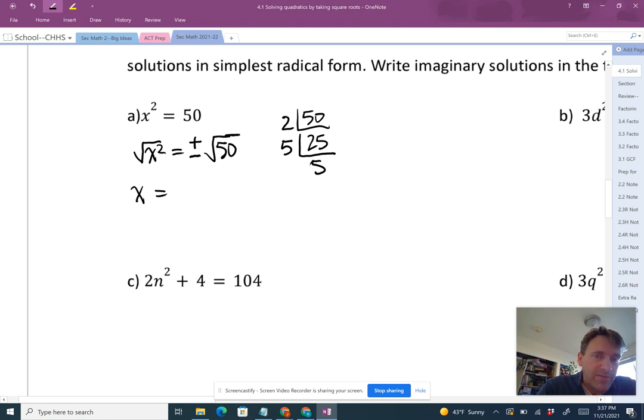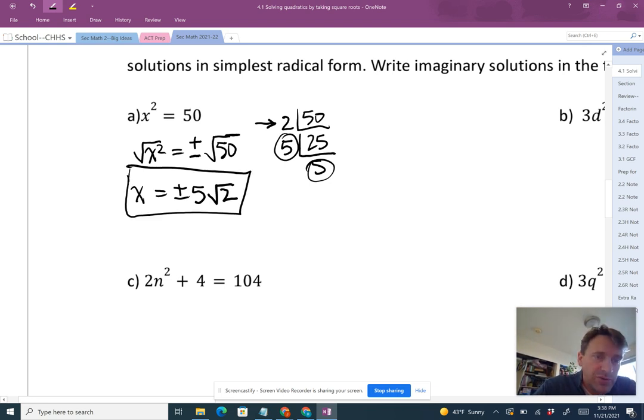Since we have two 5s, those can come out of the radical, so we write this as plus or minus 5 square root of 2. 2, not having a pair, is the one that stays underneath the radical. And that then would be the two solutions of x squared equals 50.